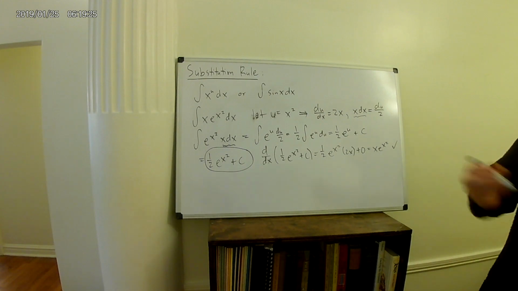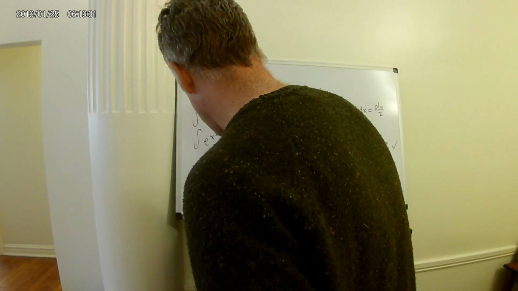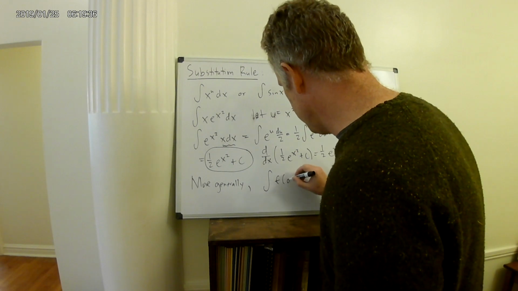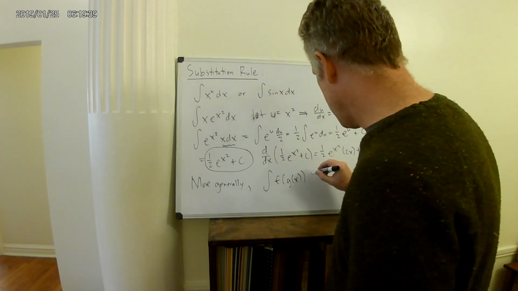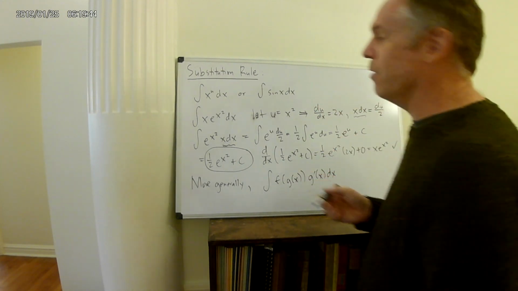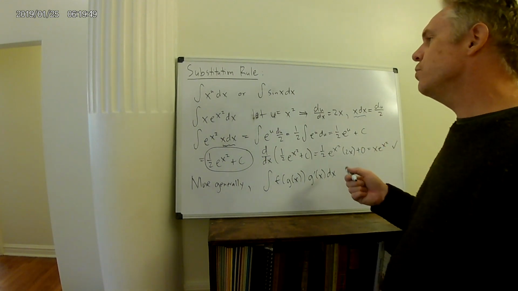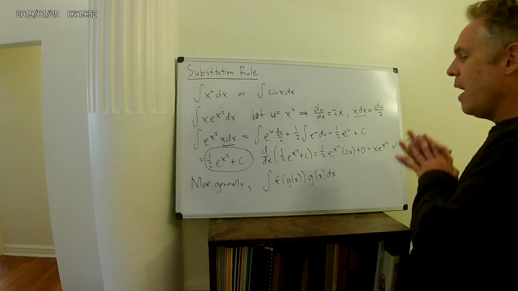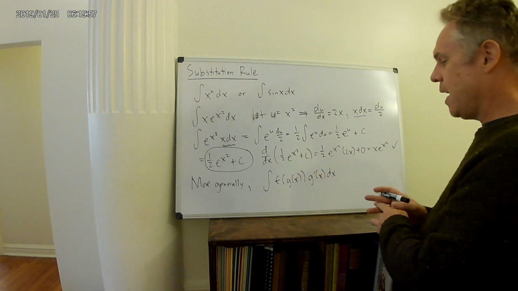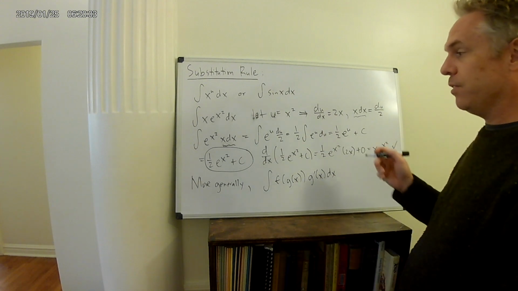More generally, you can use the u substitution technique if you have an integral of this form. Don't worry, this is more of the abstract theory behind this, so don't get too hung up on it. You can basically use u substitution to evaluate an integral of this form, where you have f of some function g of x, times g prime of x, the derivative of this inside function with respect to x, times dx.